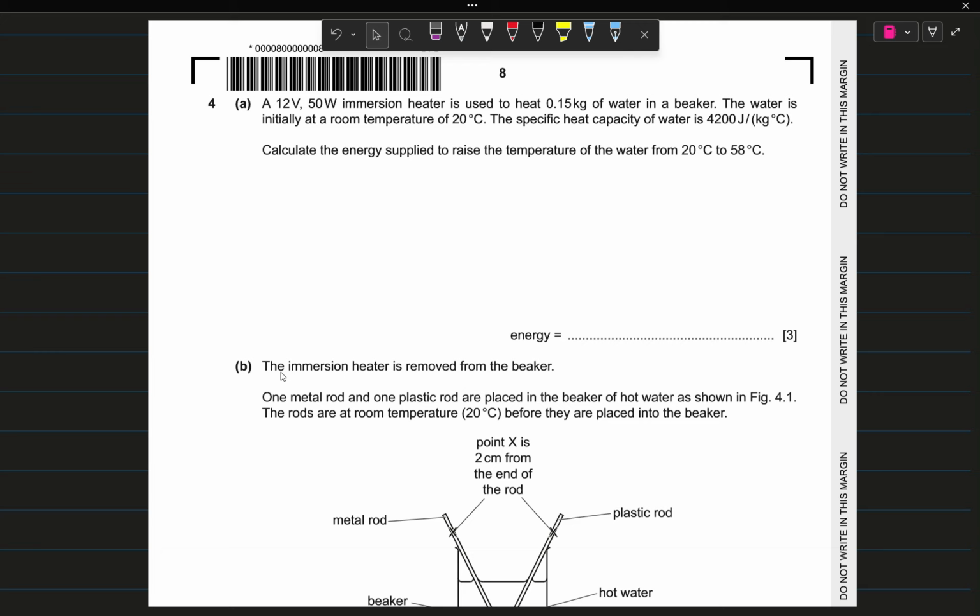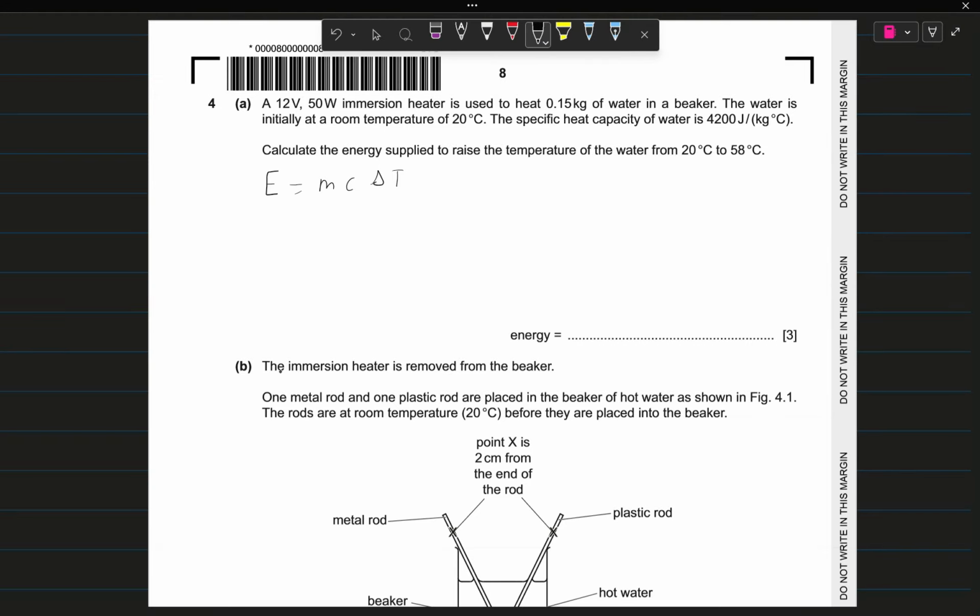Okay, alright. So we know here that energy will be equal to mc delta t. That is the case for energy with a specific heat capacity.